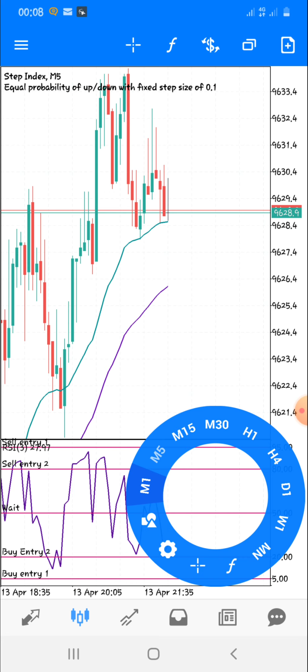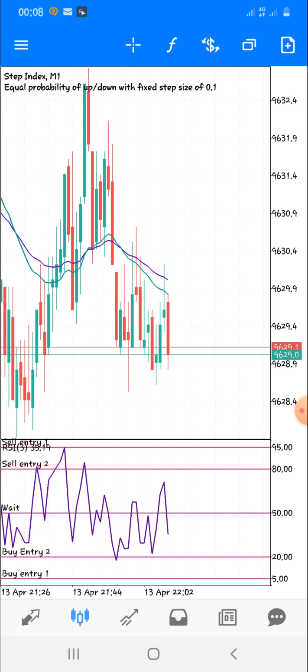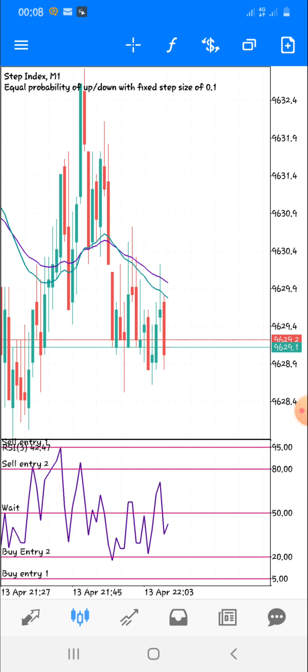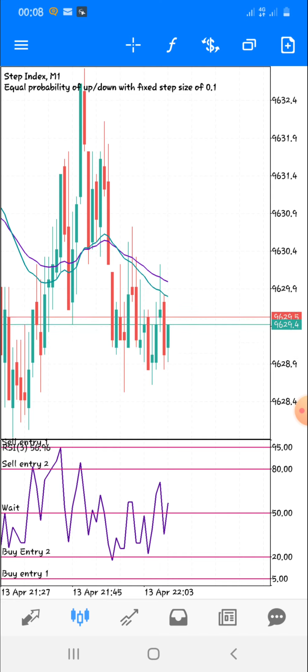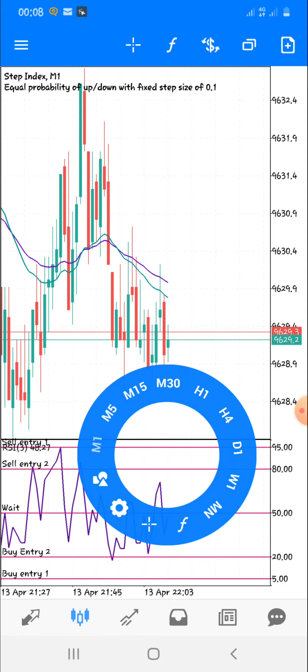Then that's where we scalp on the 1 minute time frame, where we collect the 20 cents, 30 cents, and also the $1, $2 to grow the small account to a much bigger account. So allow me to introduce the indicator settings.